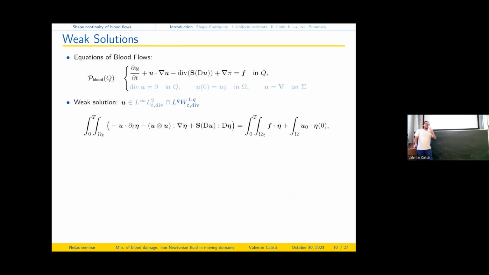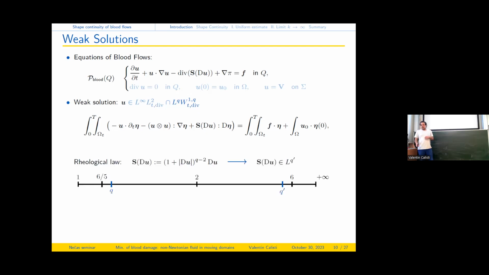And I just want to spend some time to explain what the different exponents and the regularity of the functions are here. So we will, in a classical manner, look for a solution U which is in L infinity L2 and L^q W^{1,q}. Q here will be the exponent of the rheological law. And from the rheological law, we have some natural growth condition coming with it.